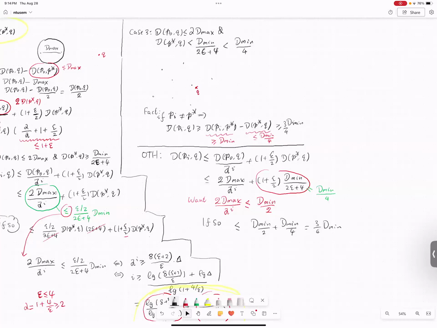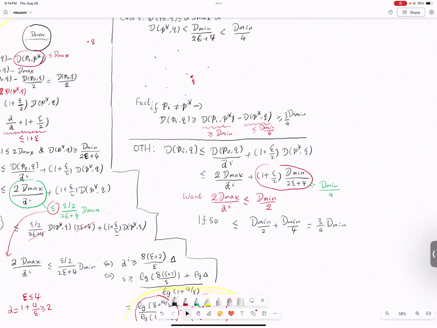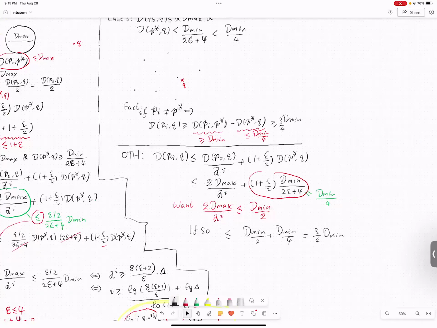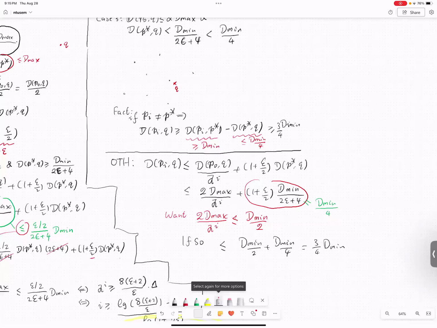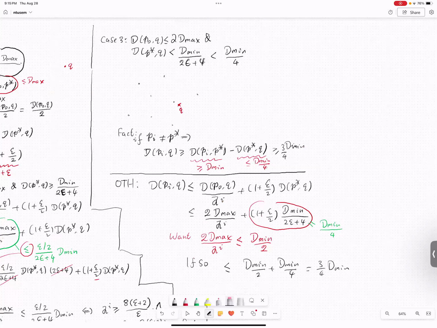Now this says something interesting. Here I have got something at least 3 over 4 times d min. Actually, I'm sorry, this inequality here, let me undo it, strictly speaking is a mistake, because as you can see we have strictly less than.